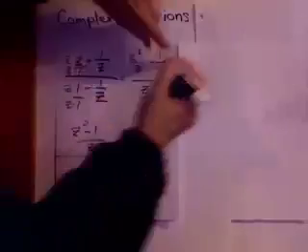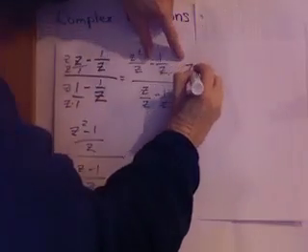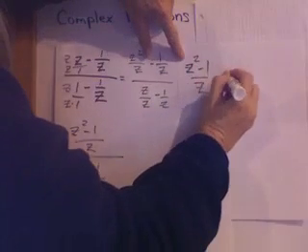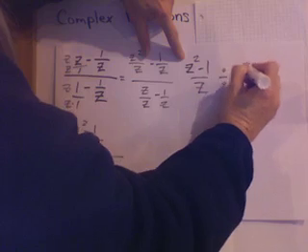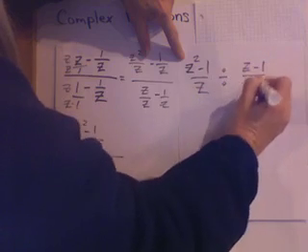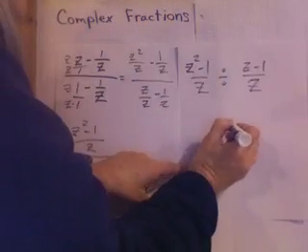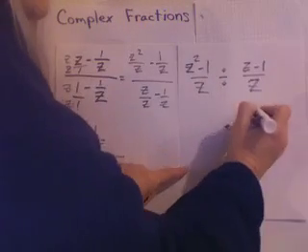Well, I need to take the first fraction, z squared minus 1 over z, write divided by z minus 1 over z here. That divided by symbol, change to multiply. You know what happens next?